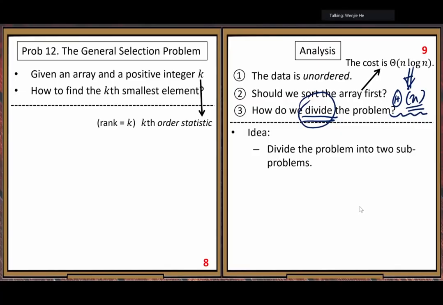So it is very hard to tell which subarray contains the target element with kth order statistic. It's not like binary search, where it's very easy to determine which of the two subarrays contains the given key.